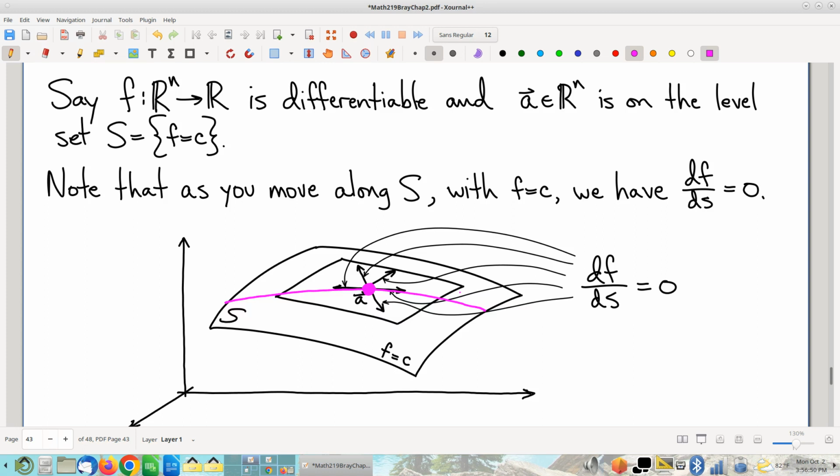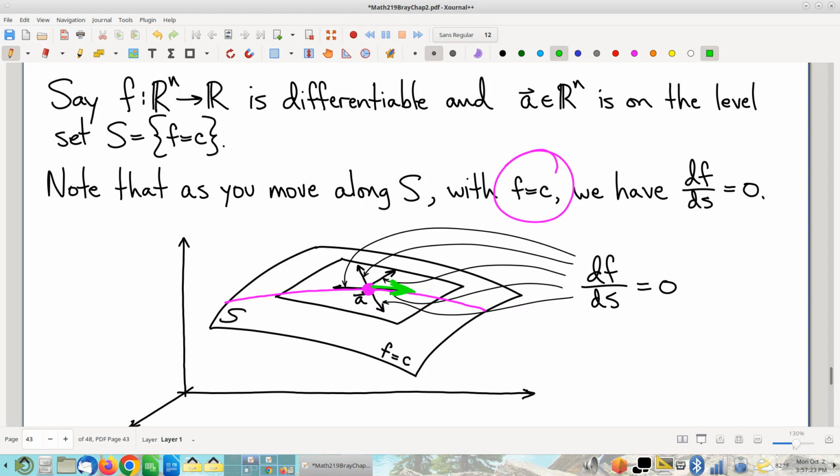So on that purple curve, f is constant. Now let me say that a little bit differently. If f is constant, consider a tangent vector there. This green vector is tangent to my purple curve, and the purple curve being in the surface, that means this green vector is a tangent vector for the surface.